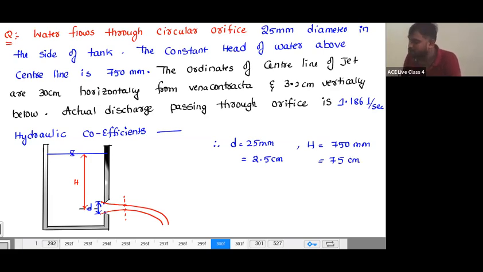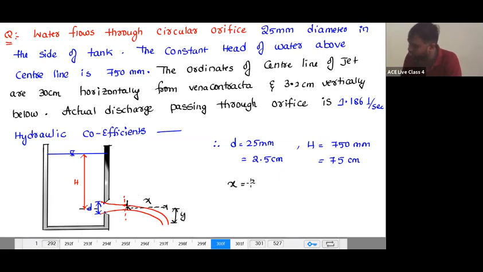Apart from that, the ordinates of the center line of the jet. From the vena contracta, the horizontal ordinate is nothing but the x value, which is 30 centimeters, measured from the center line. And this is going to be the y.